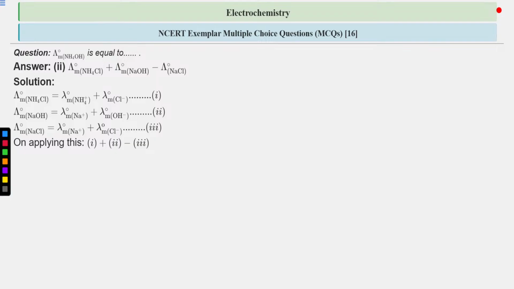Now we apply first plus second minus third. Why are we adding these two? Because we have to find out the lambda naught m of NH4OH. If you dissociate NH4OH, it will dissociate into NH4 positive plus OH negative, right?